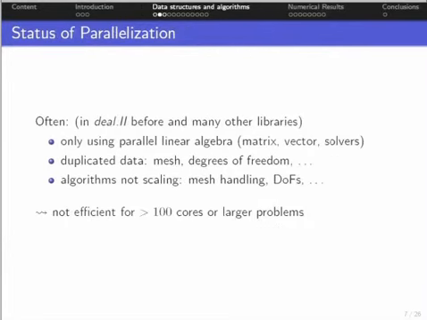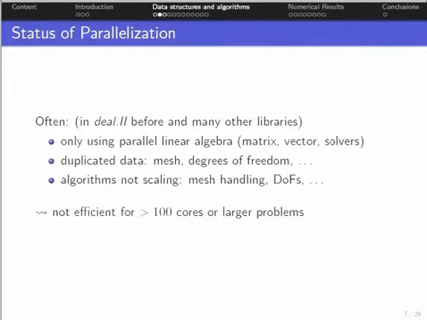And so in deal.II, before we started, and I guess it's the same thing in many other libraries, it was already a parallel code using MPI, and we're using a package for the linear algebra part that is split up and scaling nicely. But everything else was the same as the serial code.